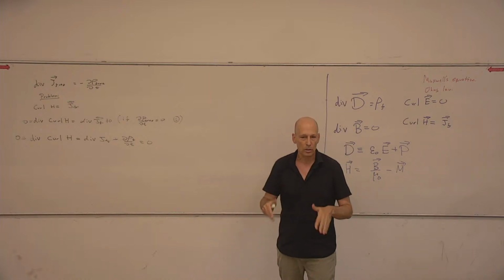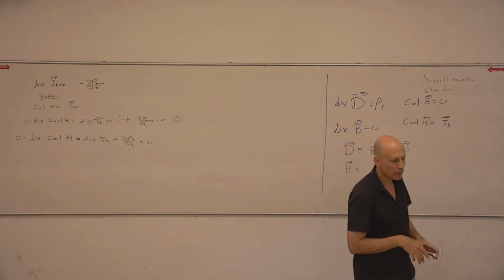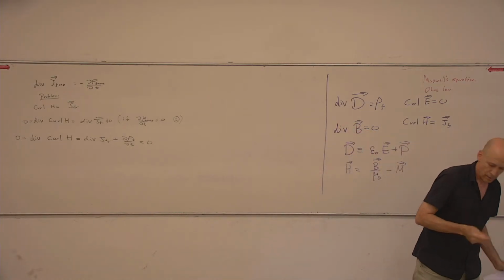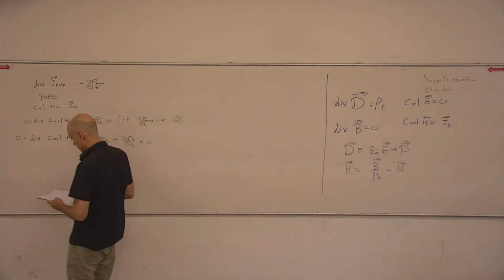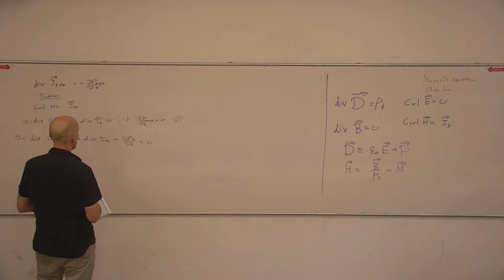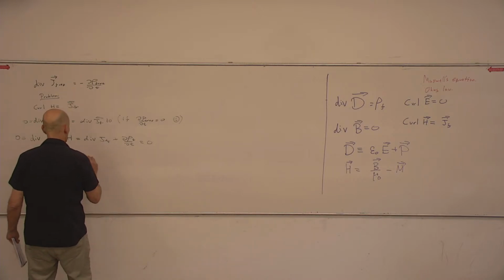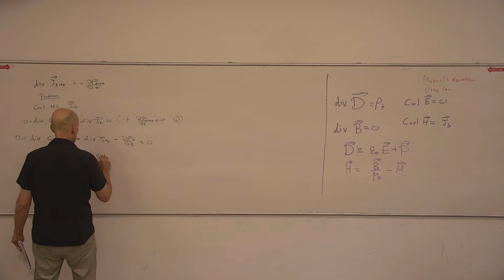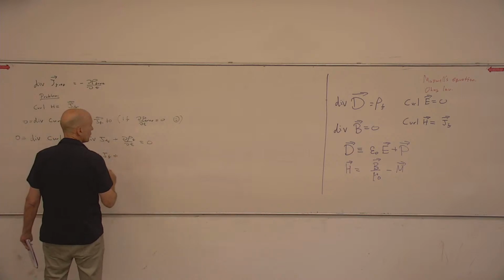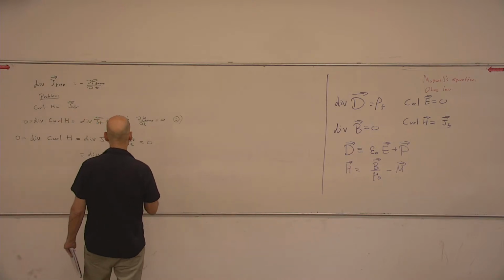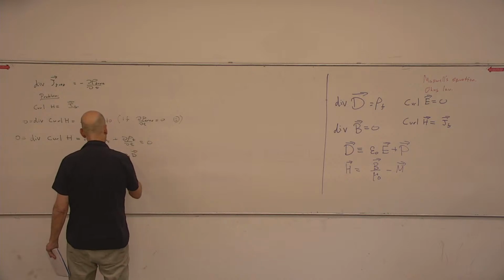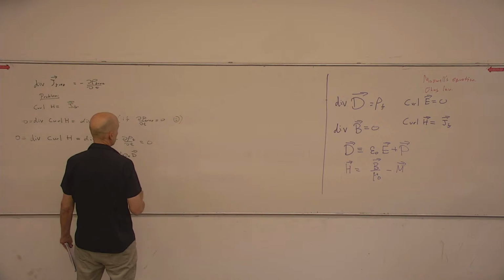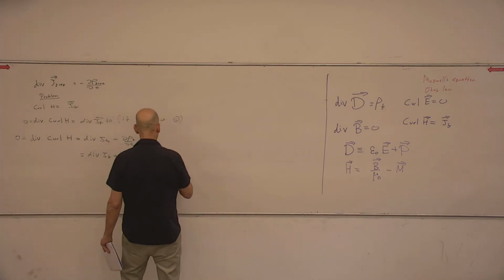He's throwing things. It's one of these rare events where physicists are just guessing in some sense, I think. So this I can write as div J_free plus, I'm taking it from there, ∂/∂t div D. And this comes from Gauss.